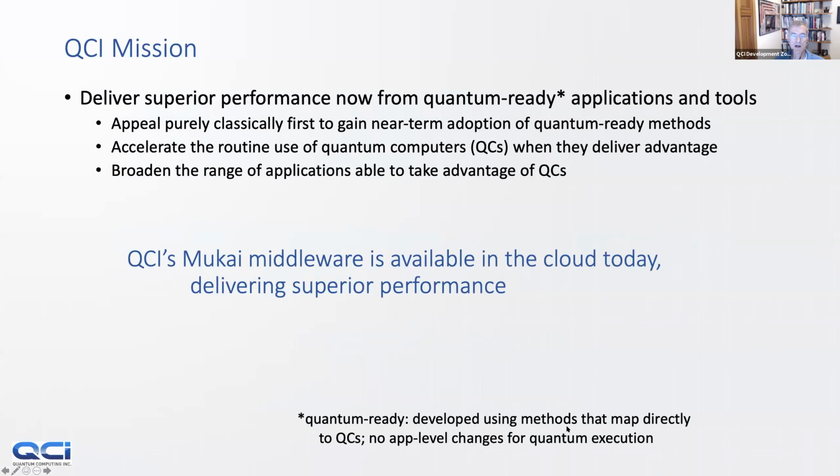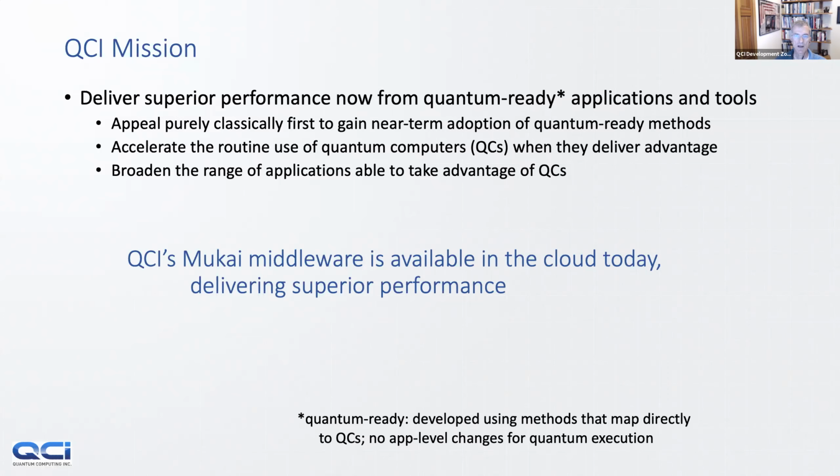Our Mukai middleware is available in the cloud today, delivering superior performance. Oh, I jumped ahead here. When we say quantum ready, this is a term that we're all used to because we use it all the time, but let me step back and define that. What we mean by quantum ready is that it's developed using methods that map directly to quantum computers.